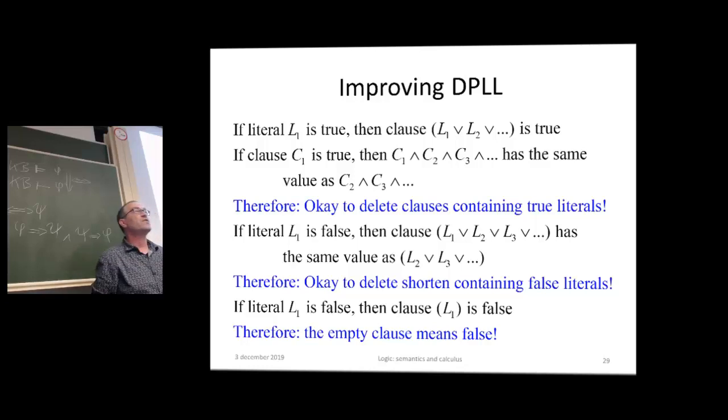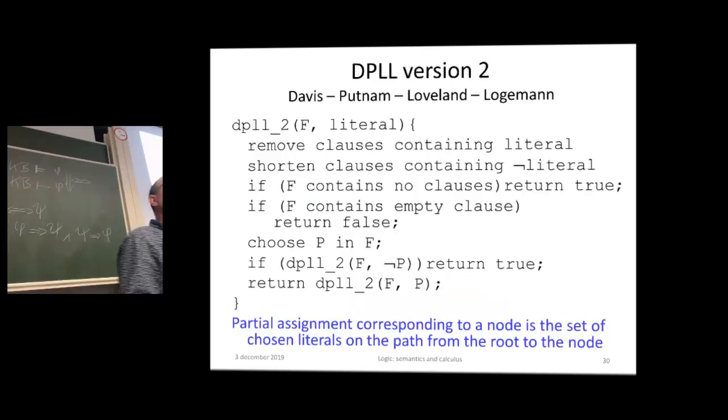We can just take the one thing away. So if I have A or false or C, then nobody would ever choose false because then the formula would become false. So you can get rid of that. So if I know that a literal is false, I can just leave it out. And the empty clause, if I don't have any choice, is always false. These are observations that I can make to improve the algorithm.